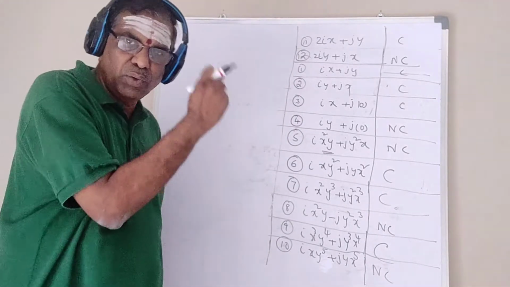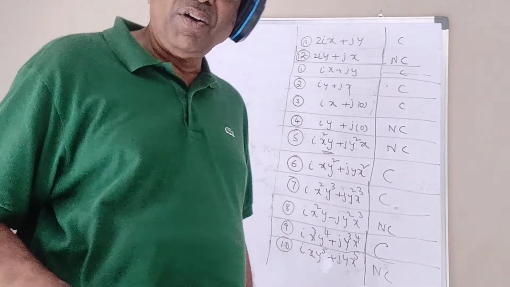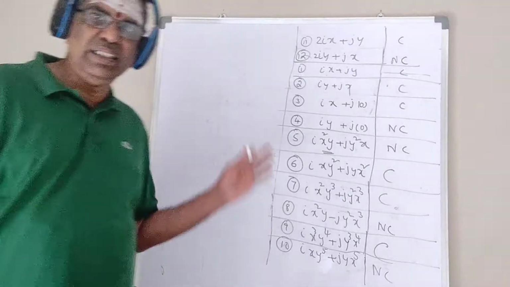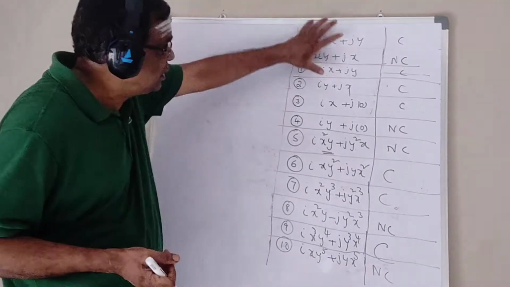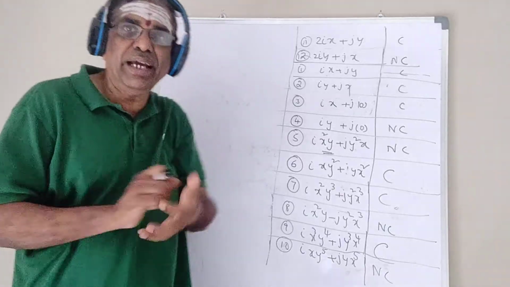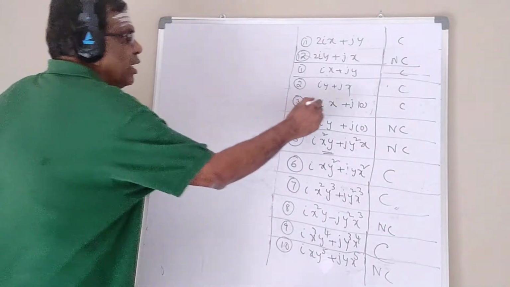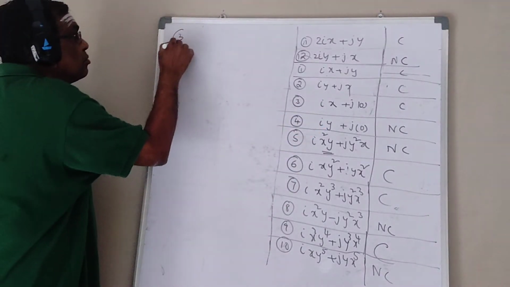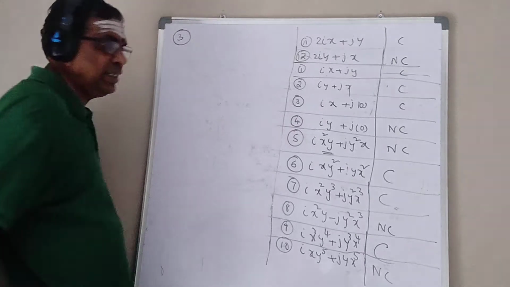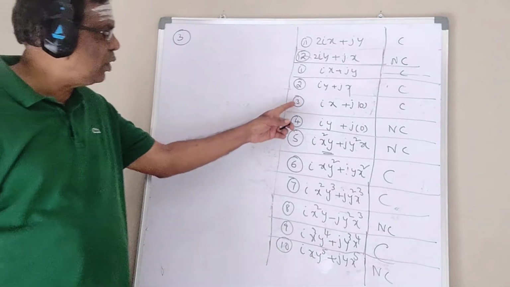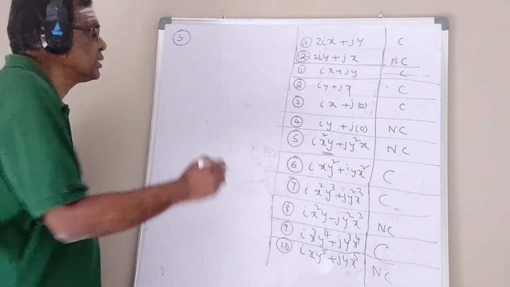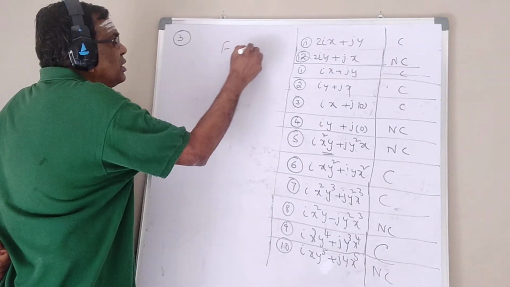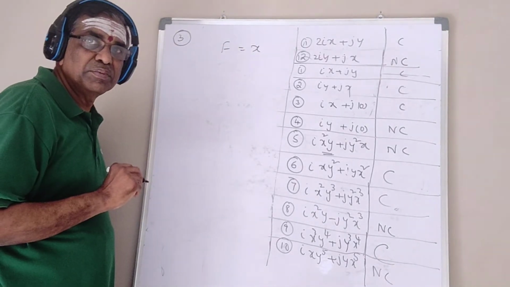Now, let us see one important thing: how to get the work done with this kind of force. Remember this displacement is in a plane. Suppose it is not in a plane, look at 3. What does 3 say? Fx is directly proportional, it's equal to x. So F is equal to x i.